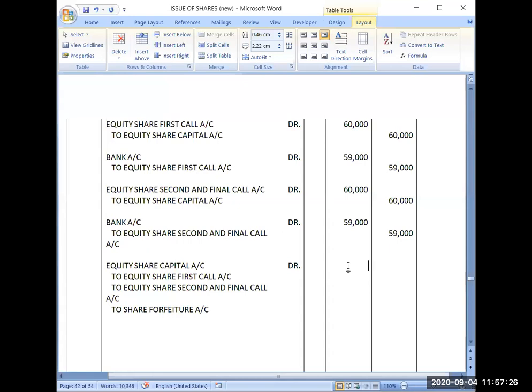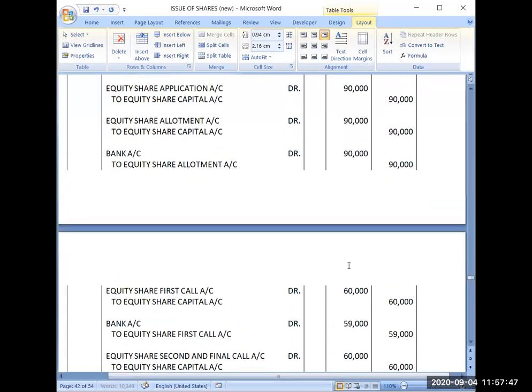So 500 shares fully called up will become 5,000. The amount which I have not received for first call, I know very well from the working note, is 1,000. The amount which I have not received for the second and final call, I have again prepared a working note showing that I have not received 1,000.